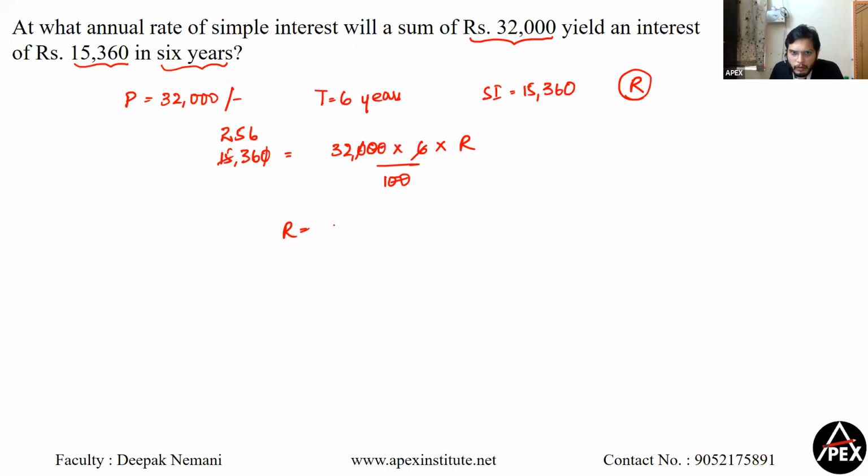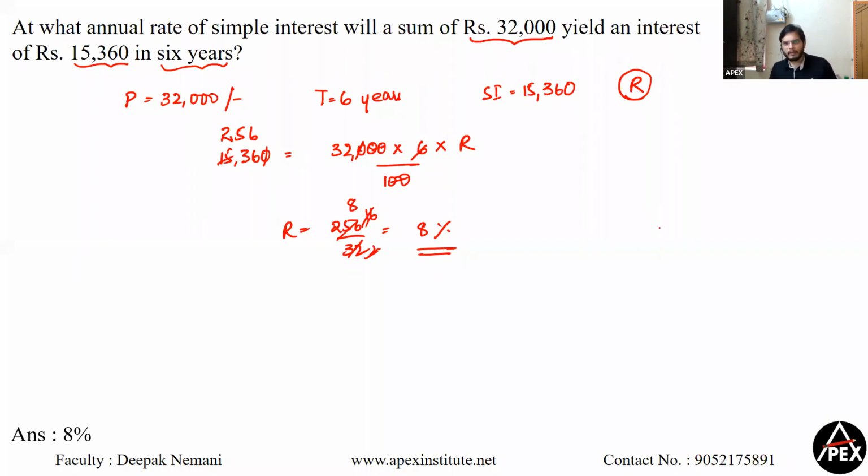So rate of interest is equal to 256 by 32, which will be 8%, isn't it? So 16, 16, 16 twos, 8. So rate of interest should be 8%. So the answer for this question should be 8%. Clear?